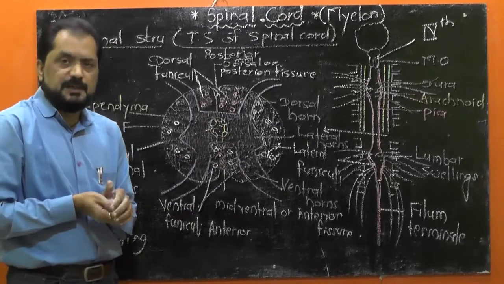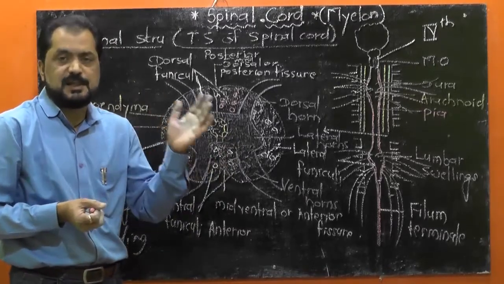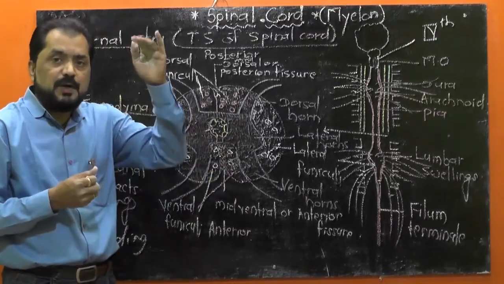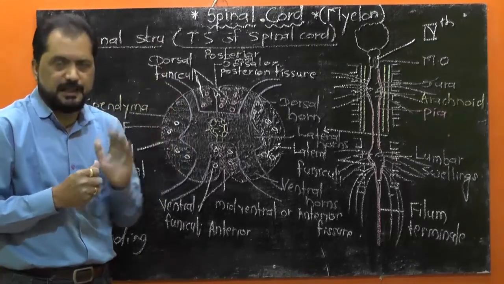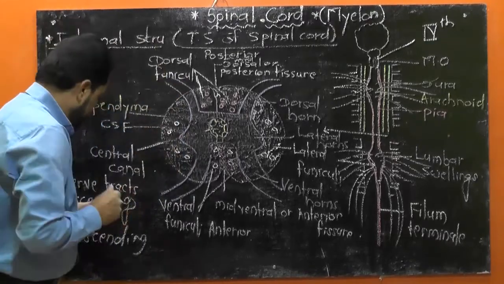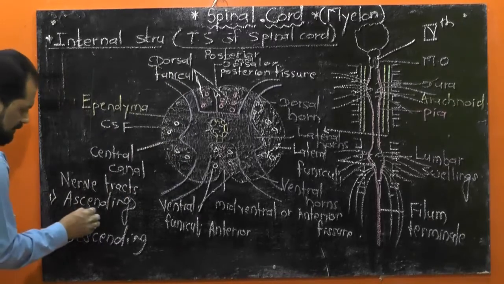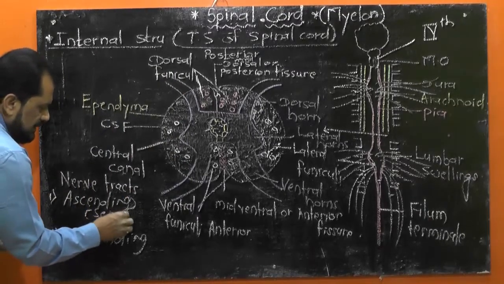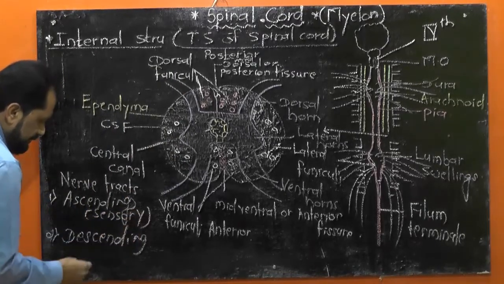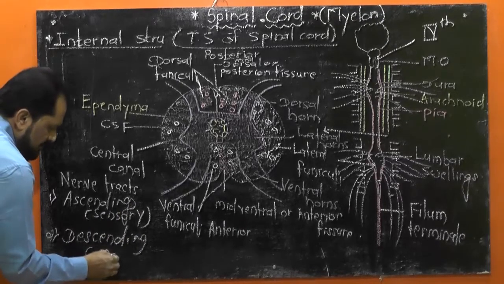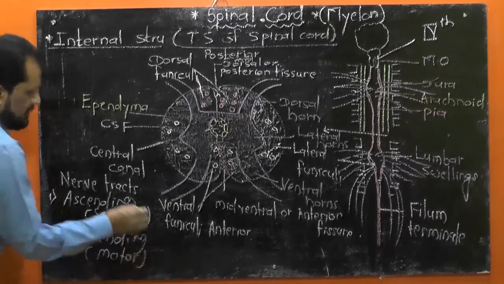Descending, name itself indicates, they conduct impulses away from the brain, in downward direction, and that's why the ascending nerve tracts may be known as the sensory nerve tracts and descending as motor nerve tracts.